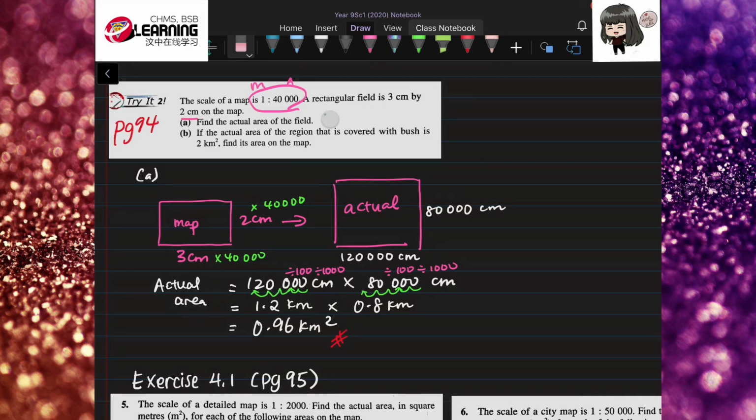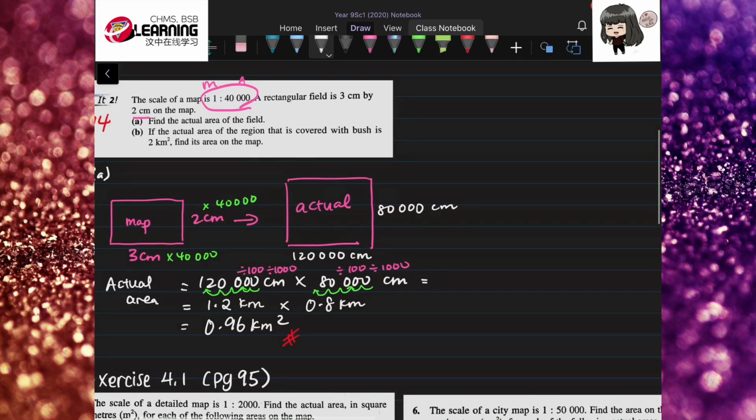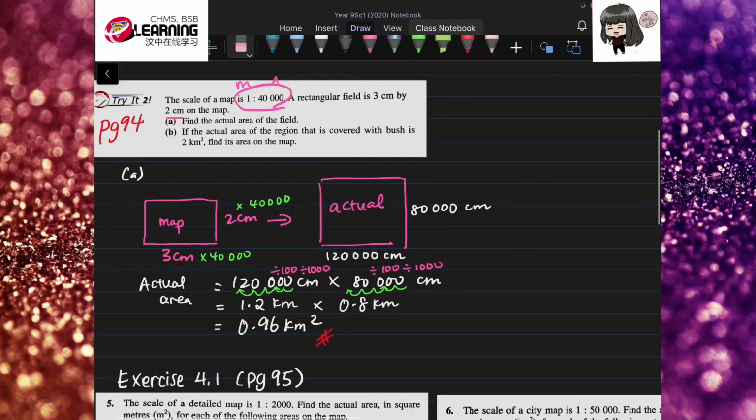If not, you can give the answer in this form, which is 120,000 times 80,000, which is a very big number, and you have a lot of zero at the back. It's okay, it's fine. But in this question, I will make it into kilometer square, so we don't need to write too many zero.